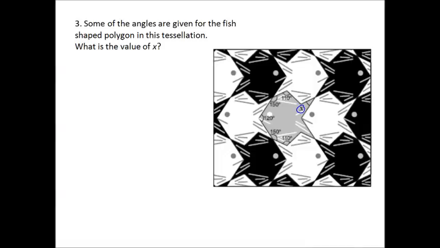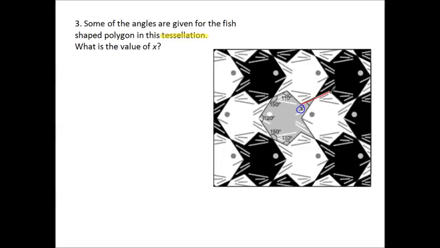So the important piece here is to recognize that we are talking about a tessellation, and that means that the objects have the same size and shape, and even though we don't know the angle measurements of the white fish, for example, they have to be the same as the angle measurements of the gray fish. And furthermore, as you can see, there are many lines that are being formed, and some of those lines create angles that we know from previous lessons.